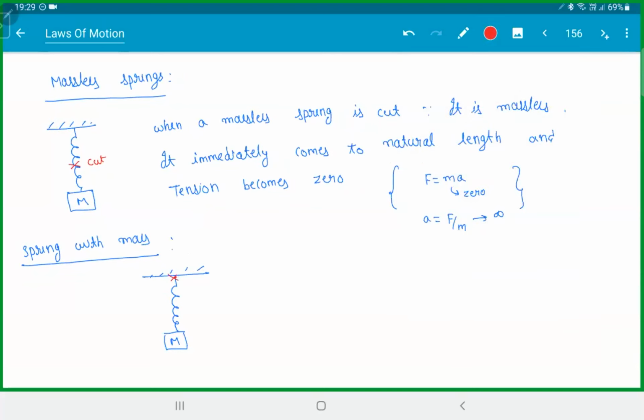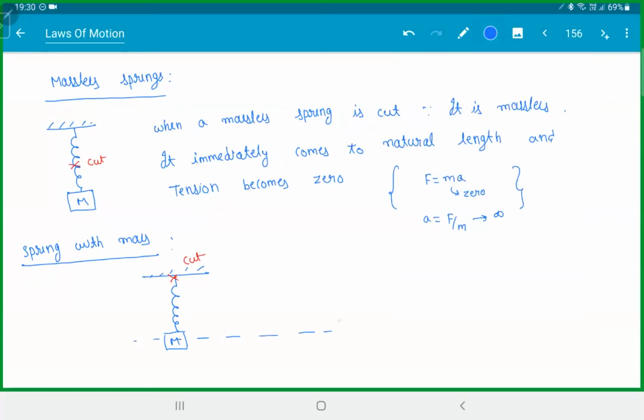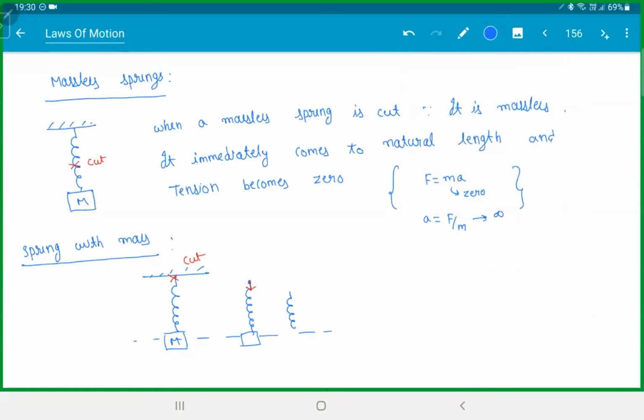So let's say you cut it here. The moment you cut it here, if you observe, the block doesn't care. The block just remains there at the same place, whereas this point started traveling down because of the force. The block still remains there while the point is still traveling down.